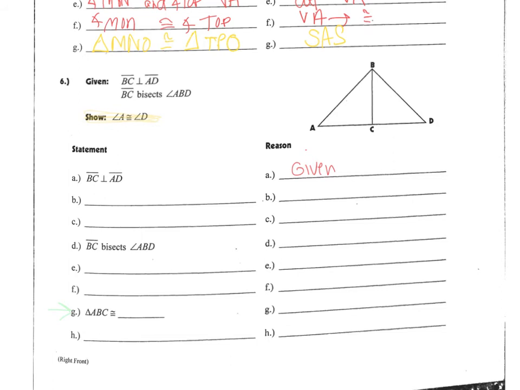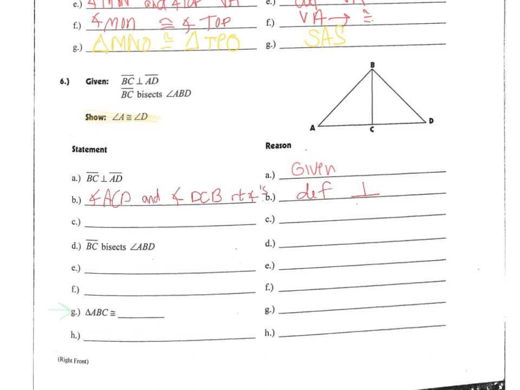And so I'm going to say that we have angle ACD and angle DCB. And if those are perpendicular, then we know that they are right angles. And the reason is just that that is the definition of perpendicular.